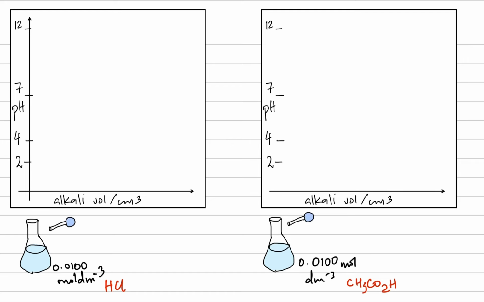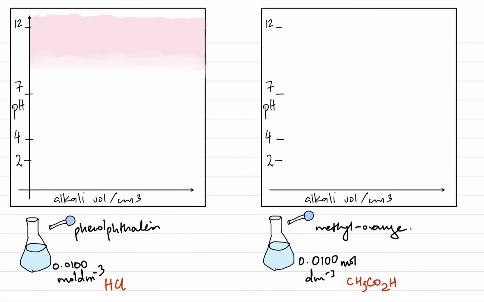As I add 2 to 3 drops of methyl orange indicator here or phenolphthalein indicator here, both will have their own color changes. For example, methyl orange has a different color range and phenolphthalein has a different one. You can see their color ranges on the graph. For phenolphthalein, the main pH is around 8. For methyl orange, it's a big range.